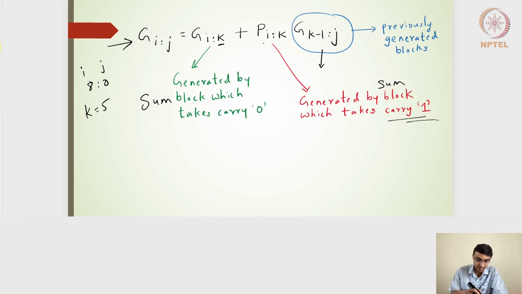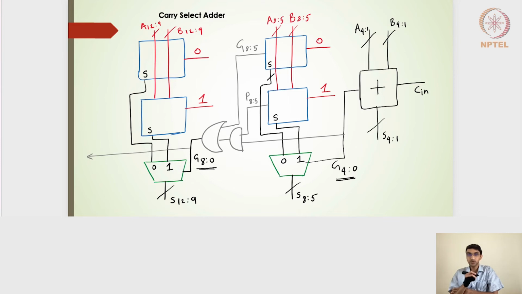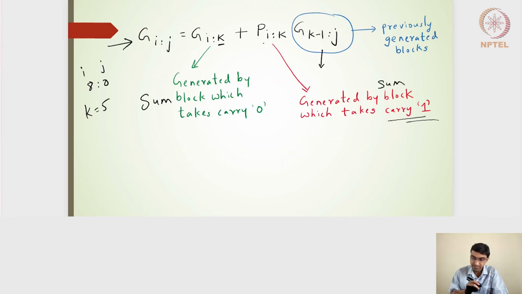Just to know which block is doing what, whichever block takes in the carry 0 is generating the group generate bit, and whichever is taking 1 is going to generate the group propagate signals. So that's what I wanted to imply in this particular slide.